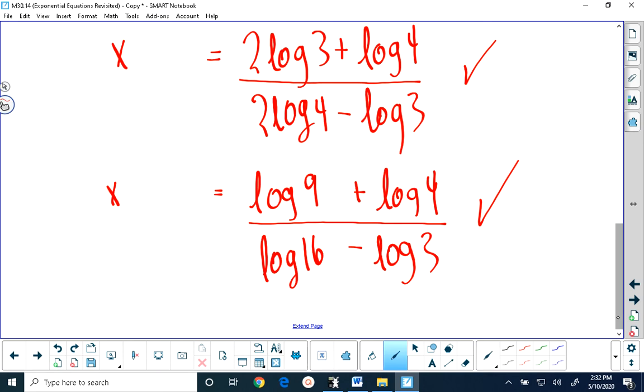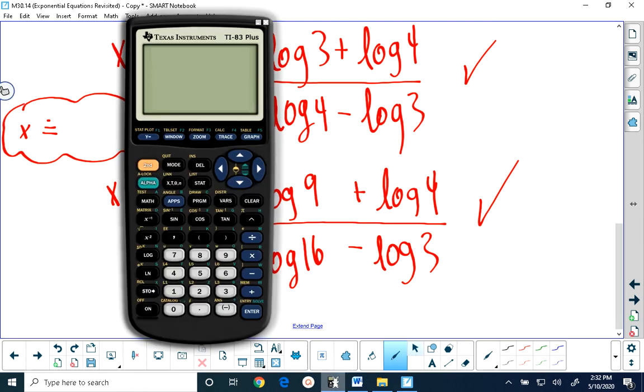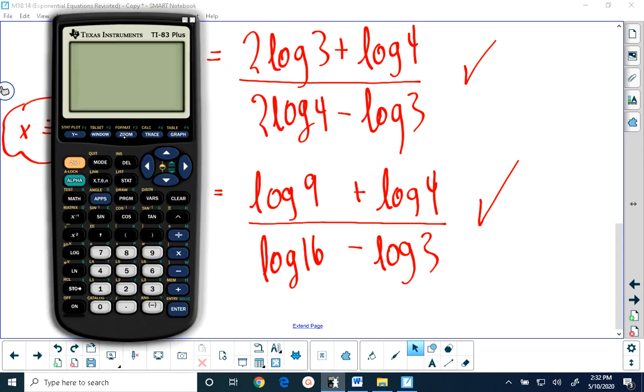To get a decimal approximation, we're going to have to use our calculator. I would be very careful here, and I probably wouldn't recommend entering this into your calculator at once. I would probably calculate log of 16 minus log of 3.